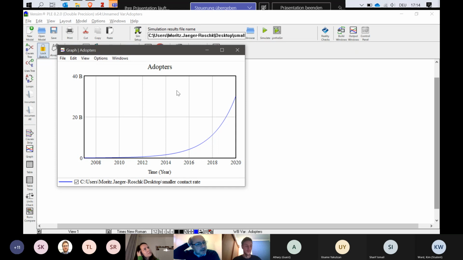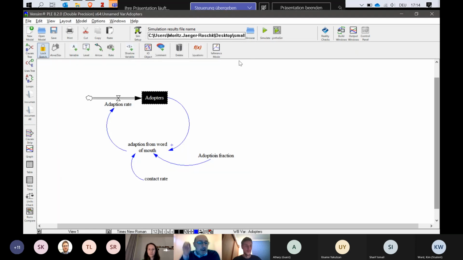If we close this graph, when you have a cloud at the end of a flow, that means there is no restriction. You can have as many as you want. But we know from experience that there is a finite population who can use Facebook. So perhaps what we are missing is the other part of the theory, which is the pool of potential adopters. That could be the missing part of our model.